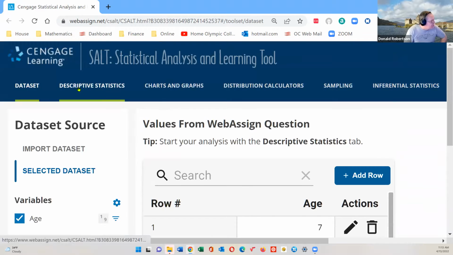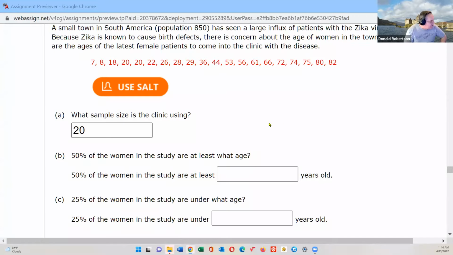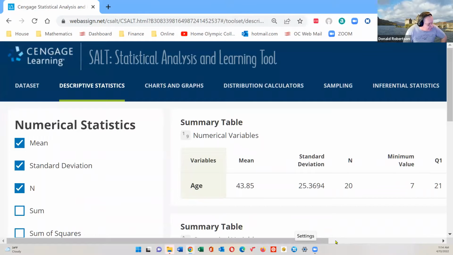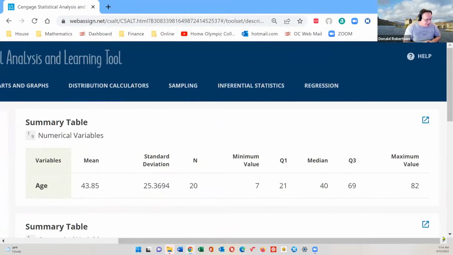And so I'm now going to go into descriptive statistics, which are all these numbers here. And 50% of the women in the study are at least what age? If you are using the five-figure summary, if somebody says what age is 50% of the people or less, isn't that the median?